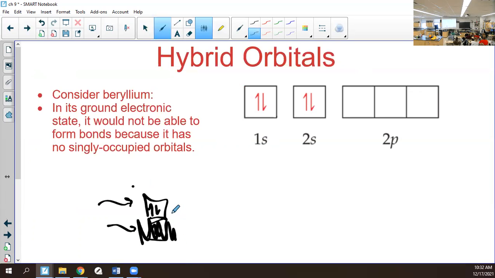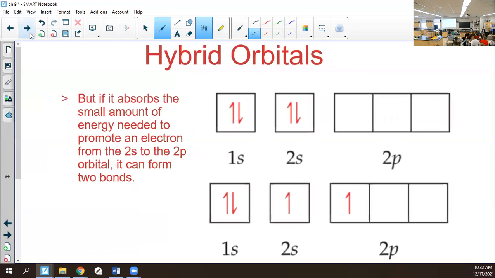There's no way we could have shells overlap because the only shell is full, but we know that things happen here. So what happens is in a reaction, a small amount of energy is absorbed and it promotes one of the two S's into a p orbital. So now beryllium has two places that it could form a covalent bond.